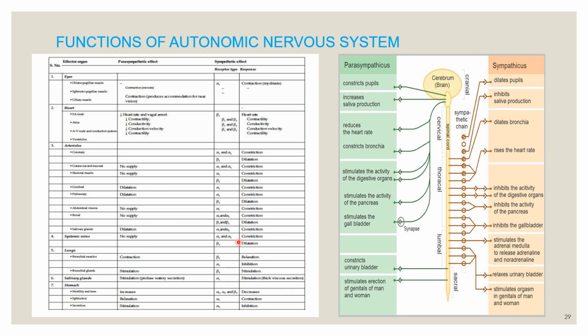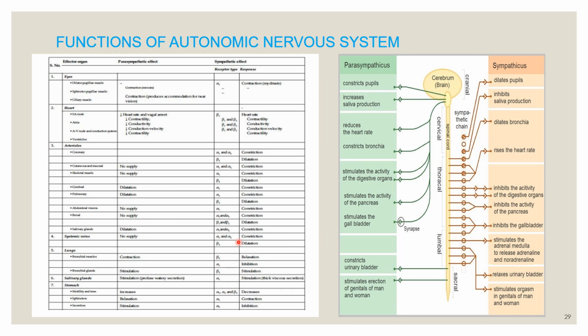Now coming to spleen. The capsule of the spleen is having only sympathetic stimulation, that is, through alpha 1 it causes contraction, and beta 2 causes relaxation of the splenic capsule. Adrenal medulla is having only parasympathetic effect, that is causing secretion of the epinephrine, norepinephrine into the circulation.